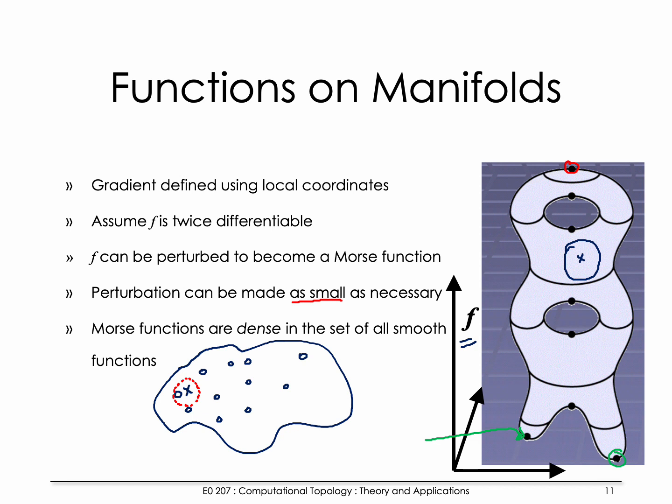So in practice, it's okay to assume that your function is always Morse, because you can perturb your input function just a little bit to make it a Morse function. Right? So from now on, we will assume that all the functions we are working with are Morse. And while talking about algorithms, we will also discuss how we will handle this in practice.